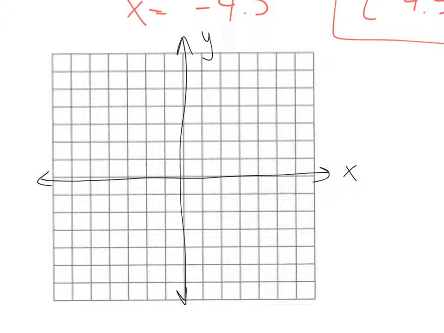Your x-intercept was negative 4.5. I'm going to go by ones in this graph. My y-intercept was, what was the y-intercept again? Just positive 3. Okay, so that's right here. The x-intercept is at negative 4.5. There's 1, 2, 3, 4, 4.5. Right there. Simply connect these 2 points. Okay? There's our linear function.